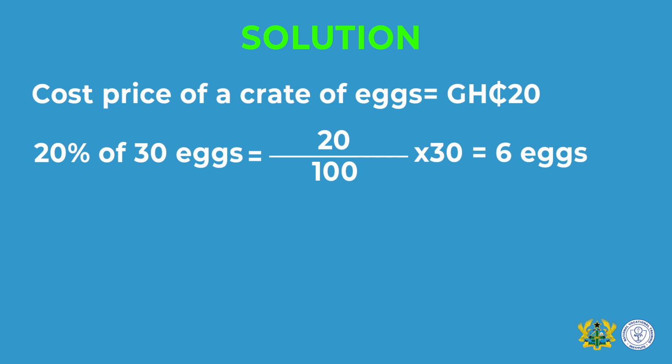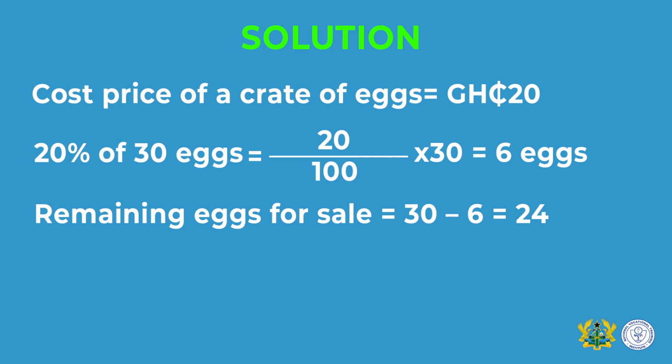And don't forget, a crate of eggs is 30. So if 6 are broken, we can easily do our small calculation and get the number of eggs that are not broken, that he was able to sell at a dozen for 15 Ghana cedis. As can be seen on the screen, the remaining eggs for sale is equal to 30 minus the 6, that is the 20% of broken eggs, and that will give us 24.